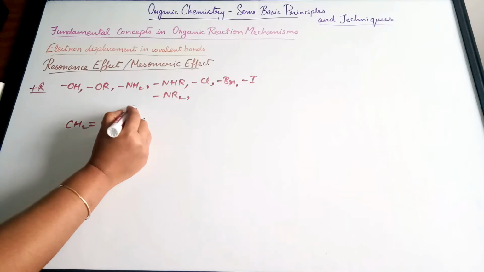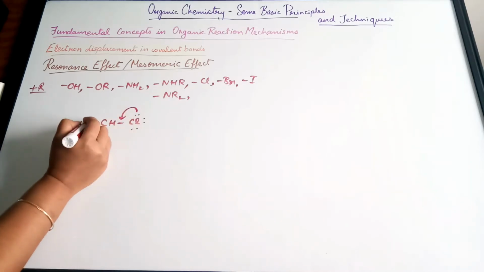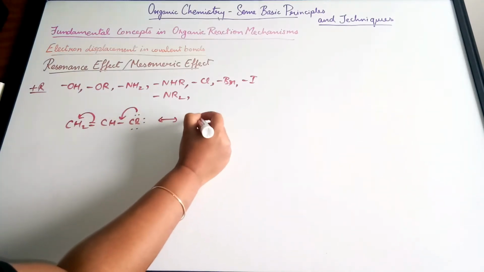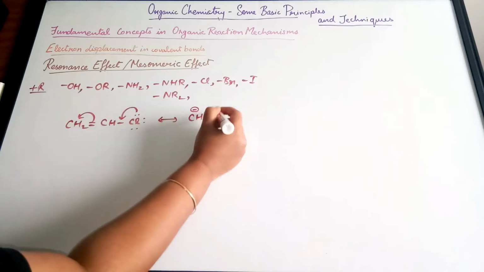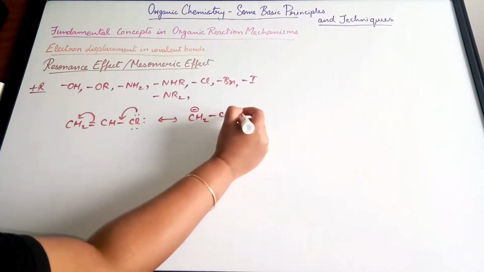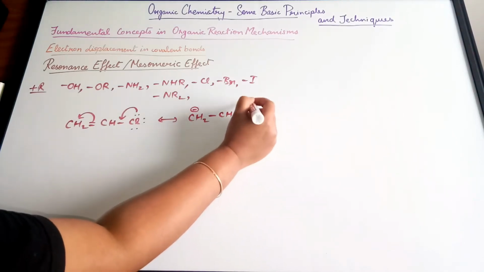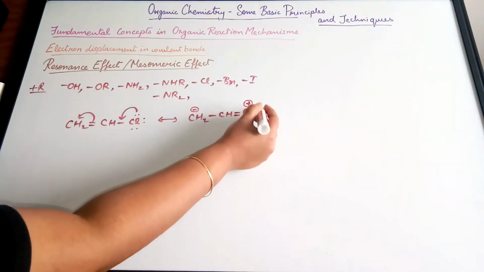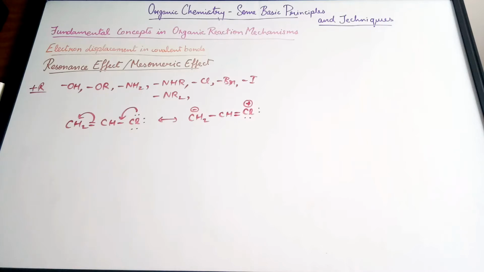So the lone pair of electrons on Cl will move this way, and this pair of electrons is going to move towards CH2, and this gives us another resonance structure, CH2 with a negative charge and CH double bonded to Cl plus. Similarly, if you notice, the number of electrons present is the same and the nuclei have not changed, so these structures are following the rules of a resonance structure.